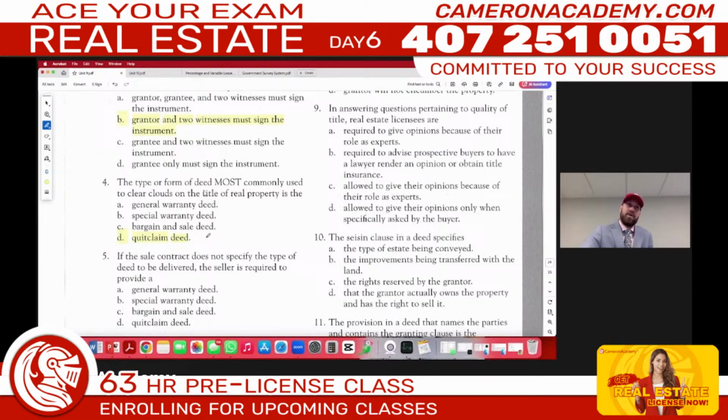That's why most people request, if you know about it, to get the general warranty deed. And it's so popular that even though you don't specify the type of deed to be delivered, they must automatically provide the general warranty deed. So if you don't specify in the sale contract, it's automatically assumed that that's what they're going to get. So if you didn't intend on protecting them against past, present, giving them further assurance, you should have specified otherwise.